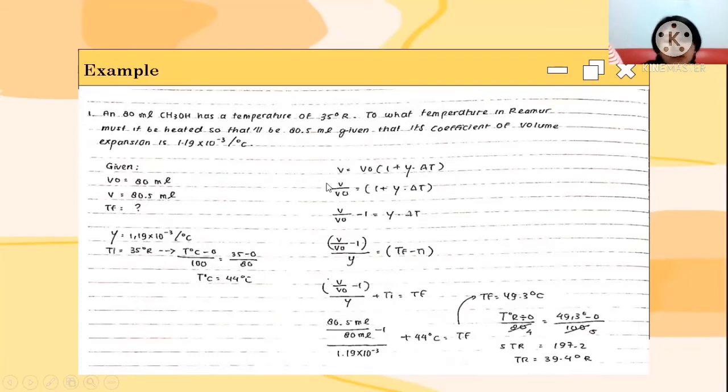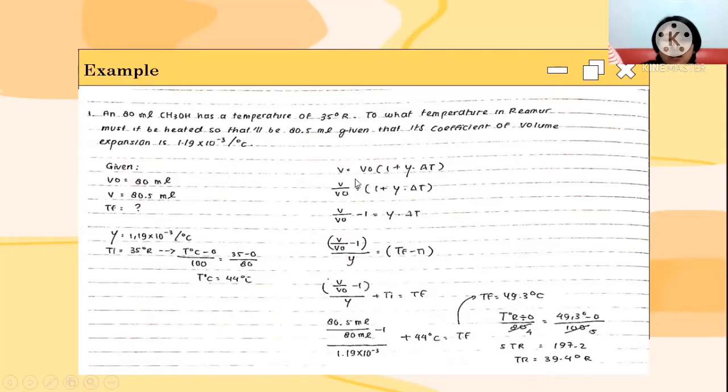Now, for this particular question, we will be using this formula, which is V is equal to V0 times 1 plus gamma times delta T. Now, since we want a delta T or final temperature specifically, let's remove what we can.